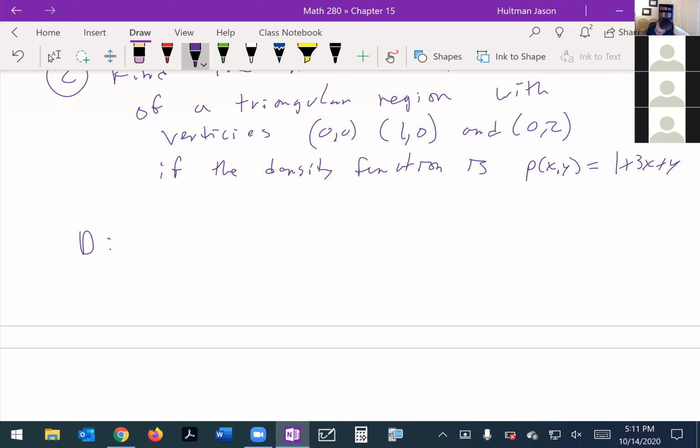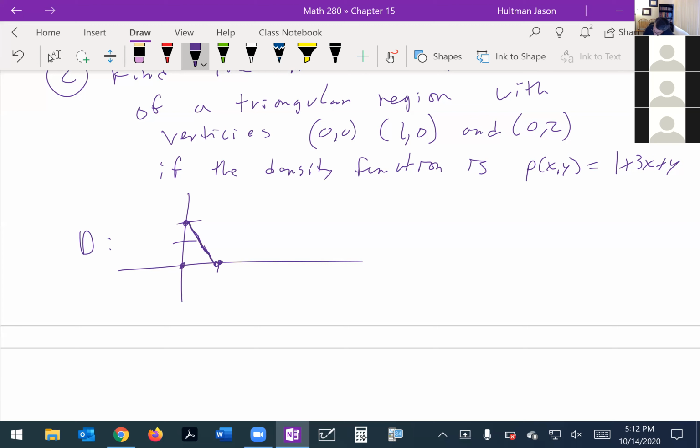What's the region that we're integrating over? The region that we're integrating over is going to be (0, 0), (1, 0), and (0, 2). So this is 2, this is 1, and it's a triangular region that goes here and here, and then here.